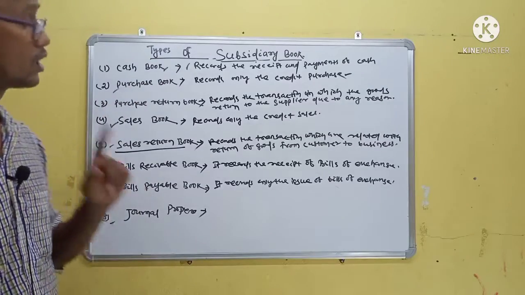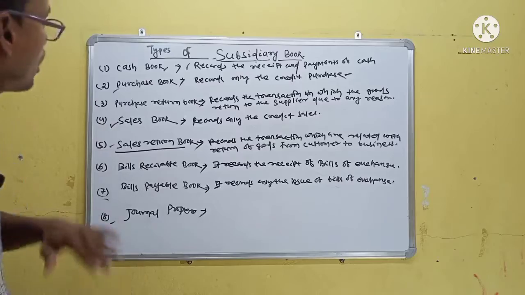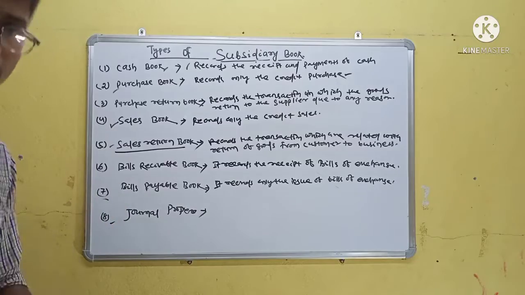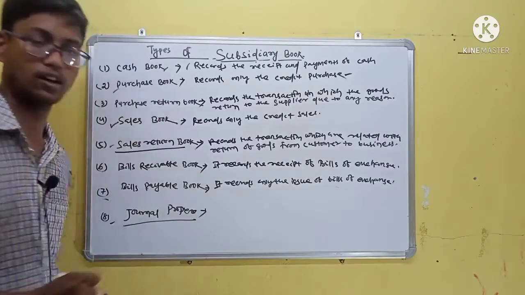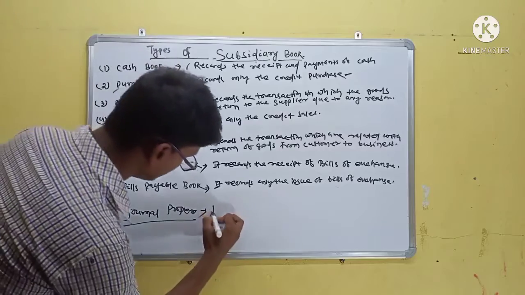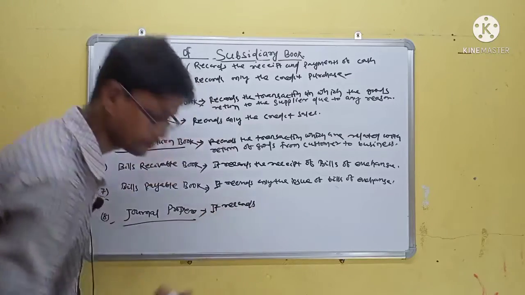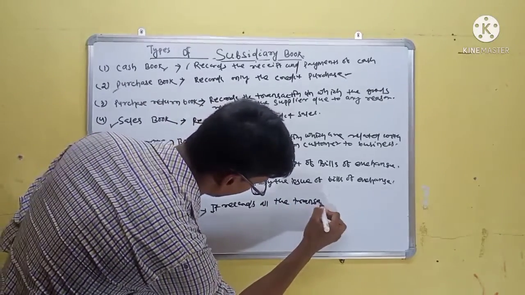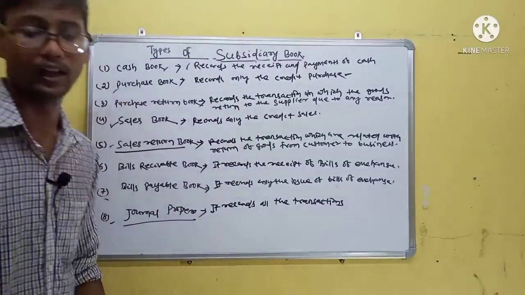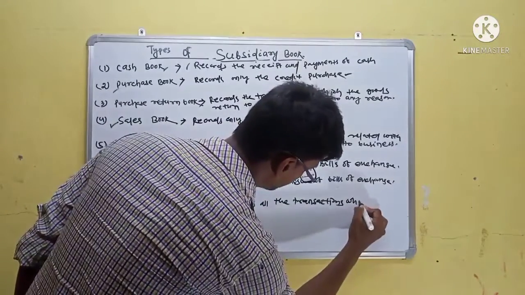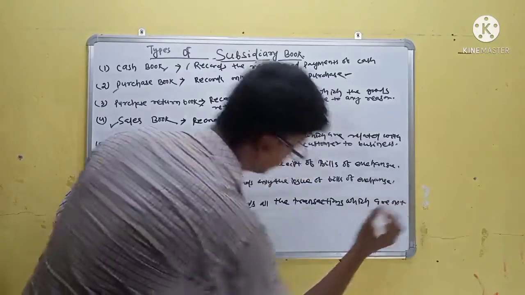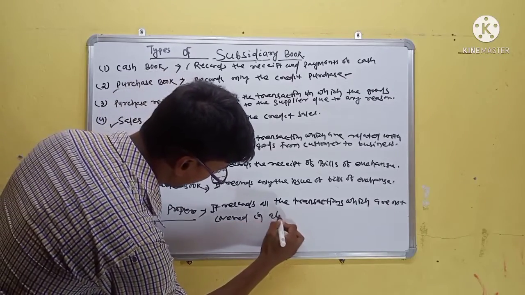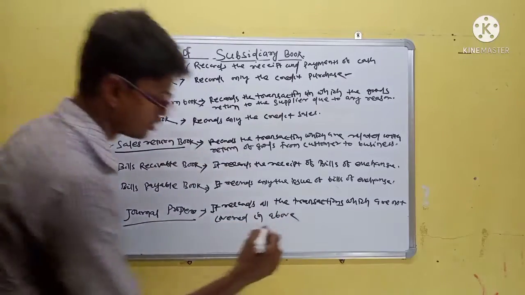That means the remaining transactions which are not recorded in the above 7 subsidiary books are recorded in the journal proper.